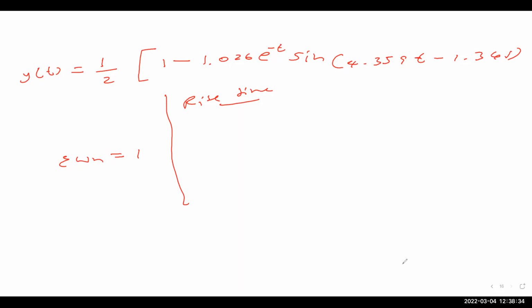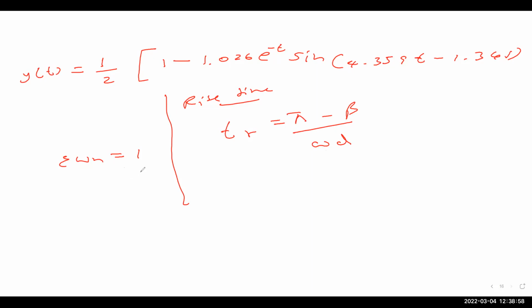So rise time is given by this equation: t_r equals pi minus beta divided by omega d. And this omega d is different from omega n. Okay. So if you want to find omega d, just note this down, right? You might need this.